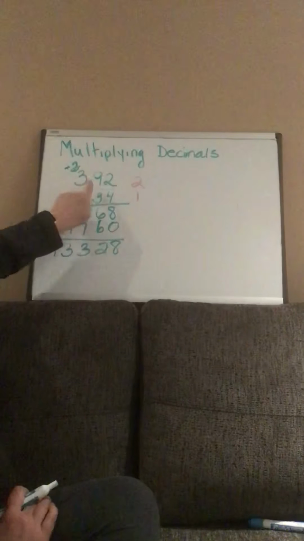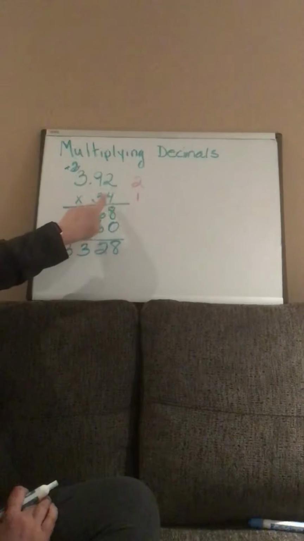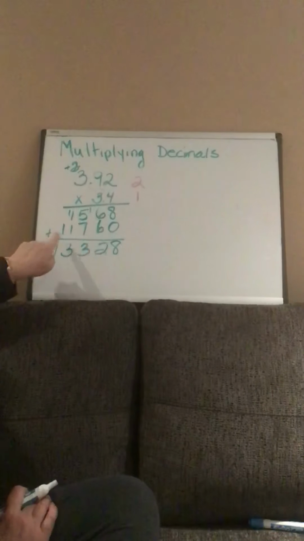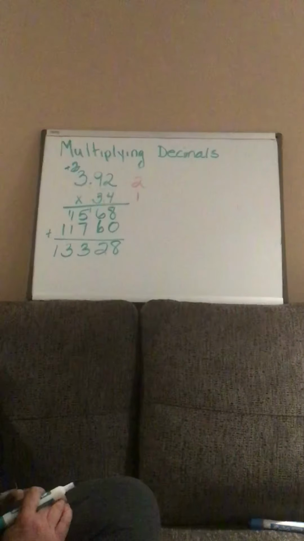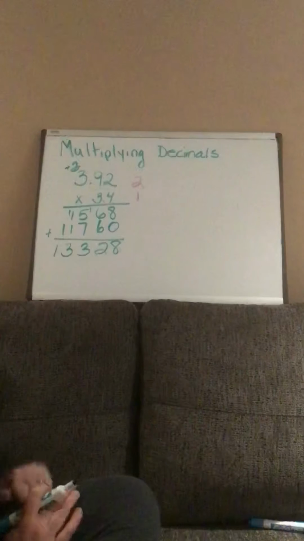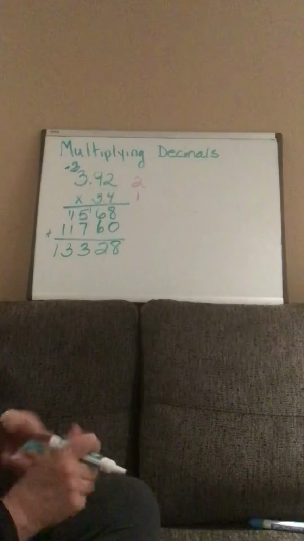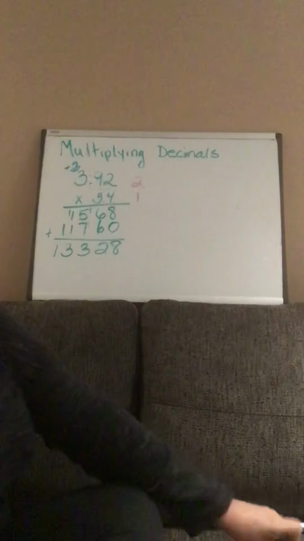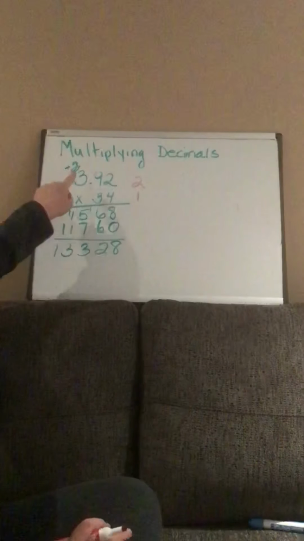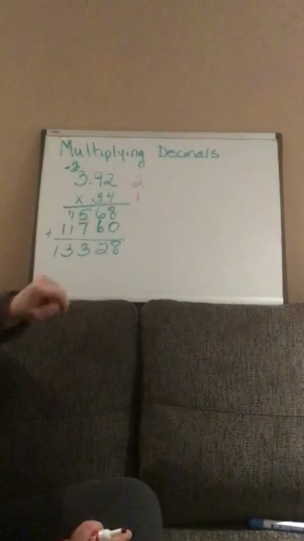And 392 times 30, remember we're replacing that 4, and that would give me 11,760. When I add those two things together, I get 13,328.